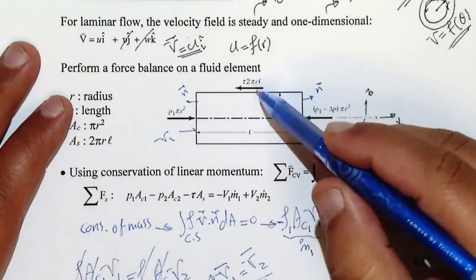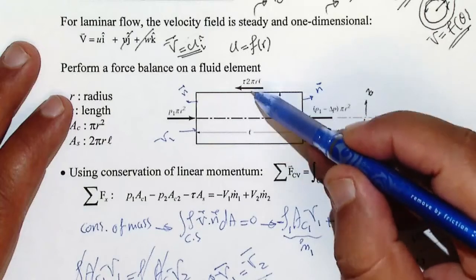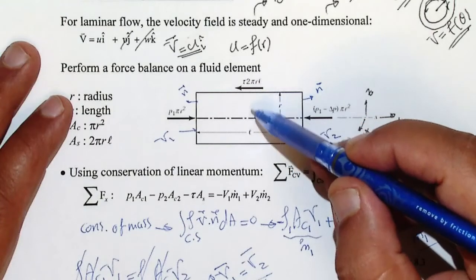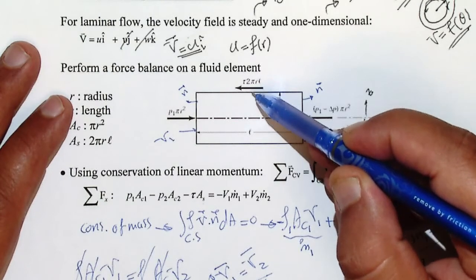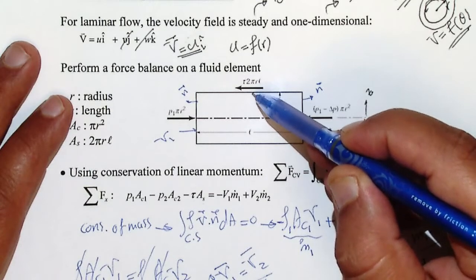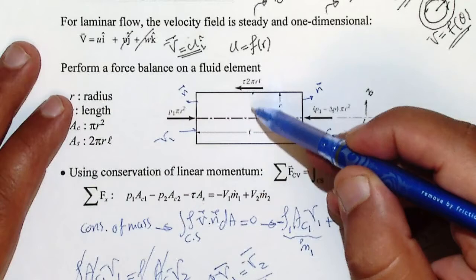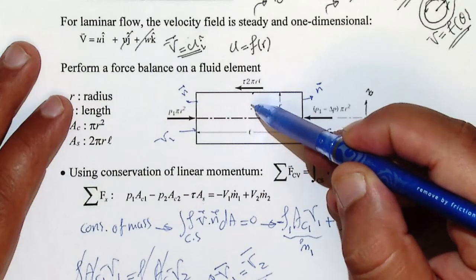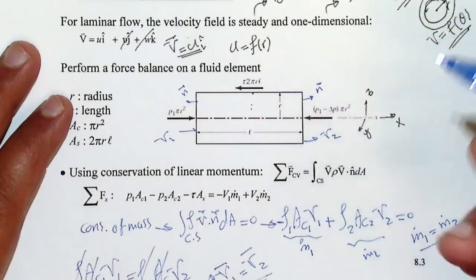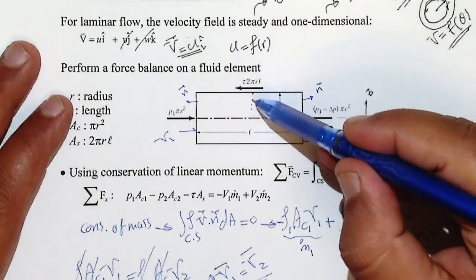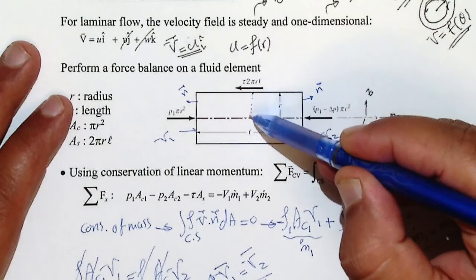For this force balance, you only need the tau between the first layer close to the wall and the wall. By itself, tau also shows up between each layer. As long as the flow is viscous, you will have viscous effects and tau between the layers.